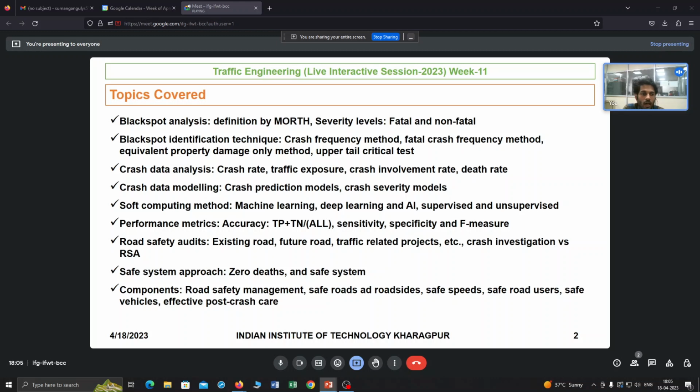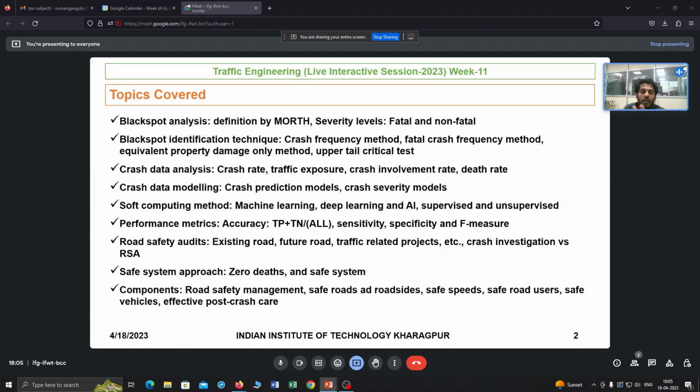Now you can ask, if 5 accidents are occurring, or the other definition is 10 fatalities, accidents may or may not result in fatalities, right? In some cases they result in fatalities, and in other cases they do not.